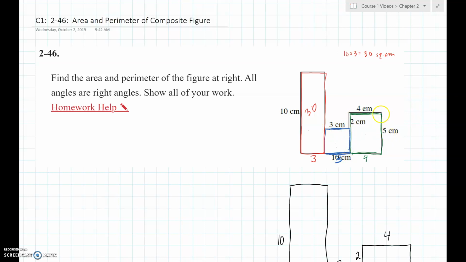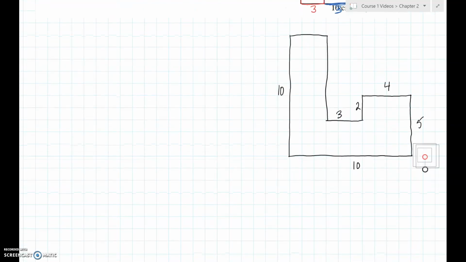And the key is that if this whole side is 5 and this bit is 2, well, I know that 2 plus 3 is 5. So I know this must be a 3 by 3, which gets 9 square centimeters of area. There'd be 9 squares inside there, and you'll be able to actually see them down here. I'll just go ahead and draw them in now. That's the 3 by 3, the 9 square centimeters there.